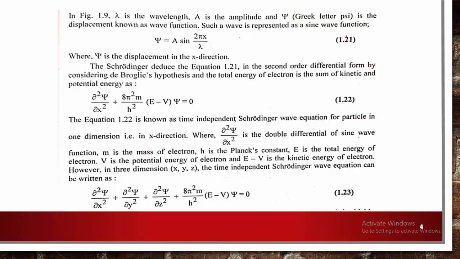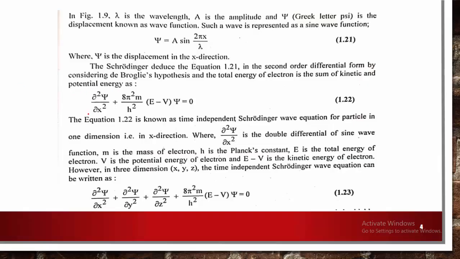Such a wave is represented as psi equals A sine 2 pi x upon lambda, where psi is the displacement in the x direction, that is, in one direction. Schrödinger deduced the equation for psi in second order differential form by considering de Broglie's hypothesis and that the total energy of an electron is the sum of kinetic energy and potential energy.